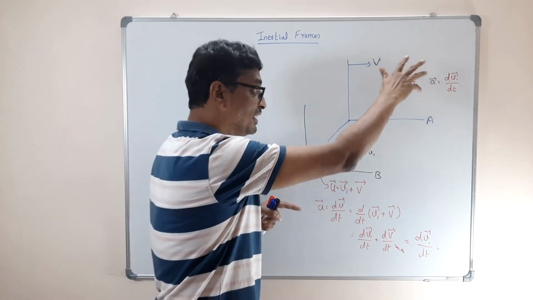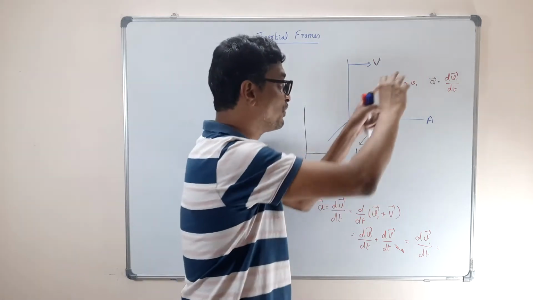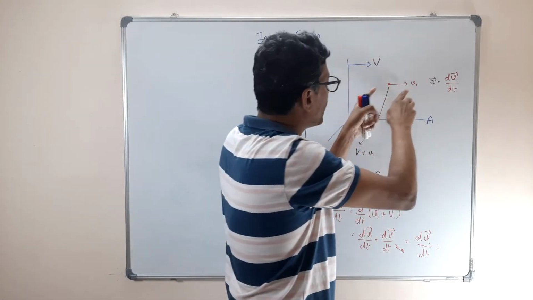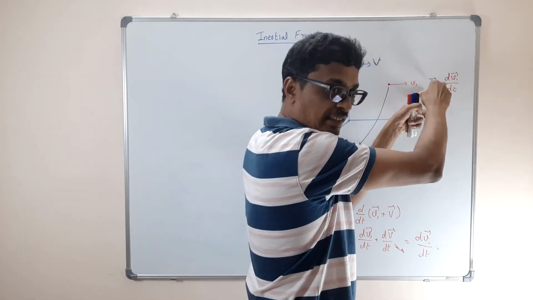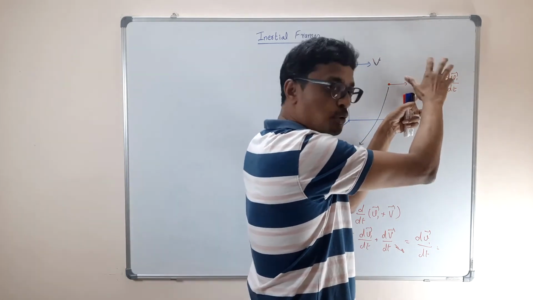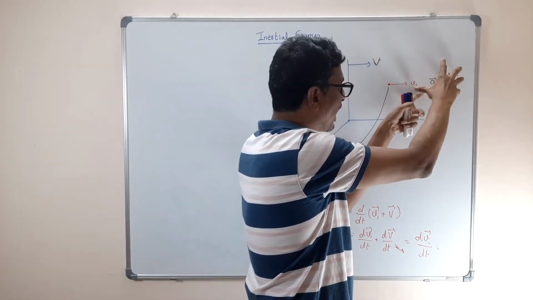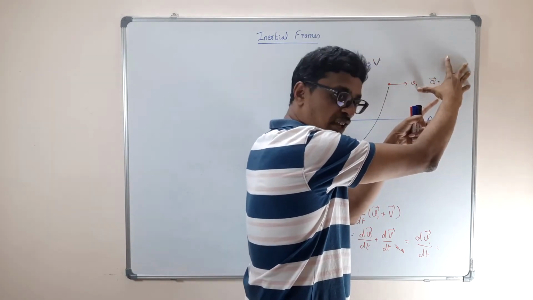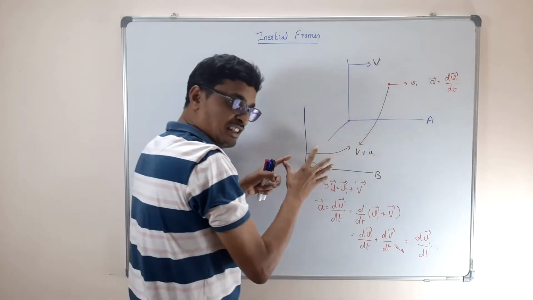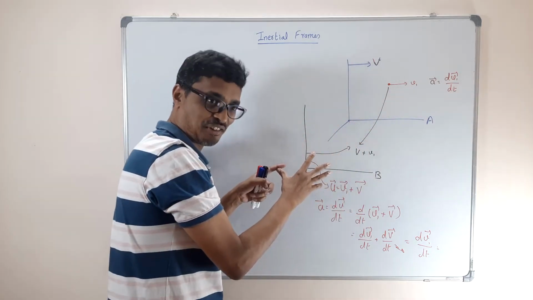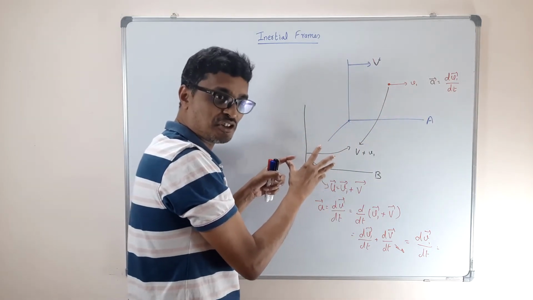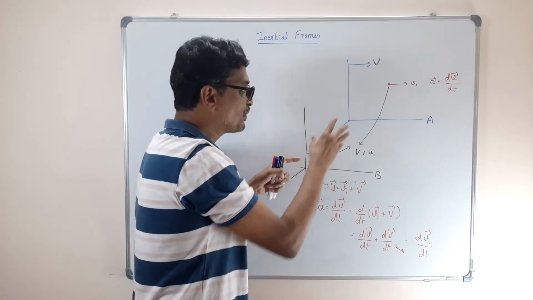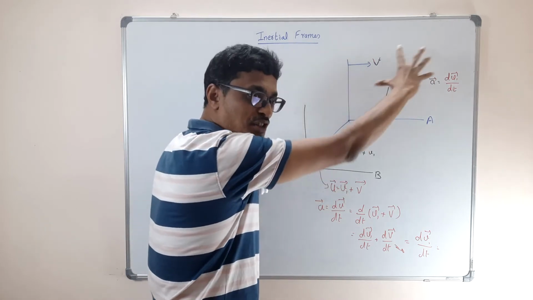When there's acceleration, that means there's a force. So I'm going to study the acceleration happening on this object because of the force and everything. And whatever study I do is not going to change if I switch to another inertial frame. Now we understand the concept of an inertial frame. This is a frame which is moving at a constant velocity.